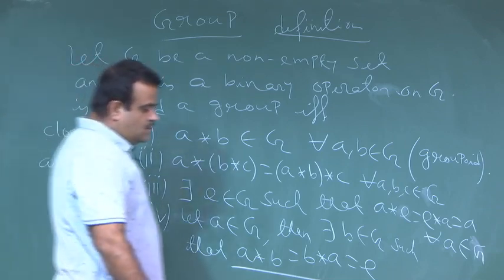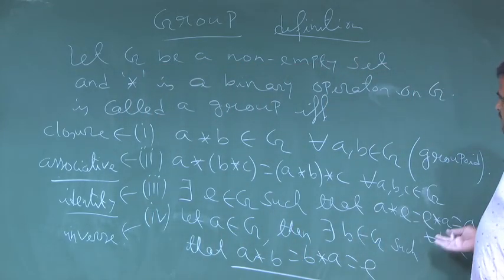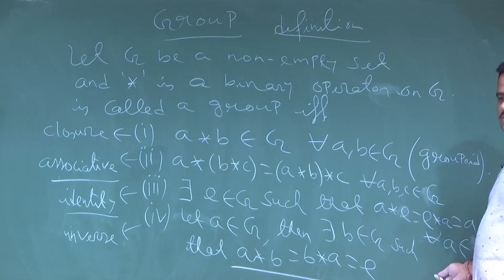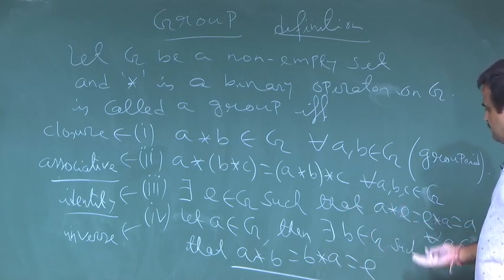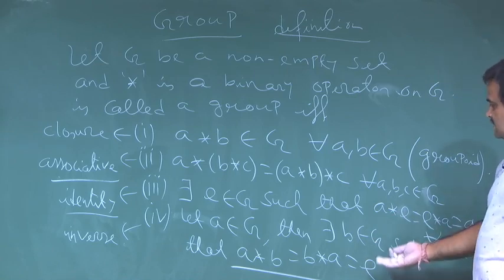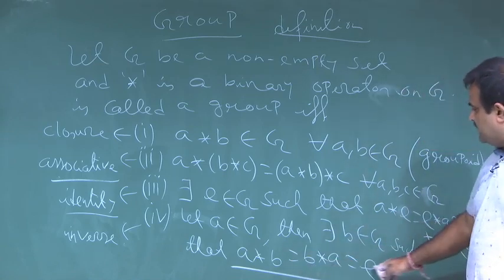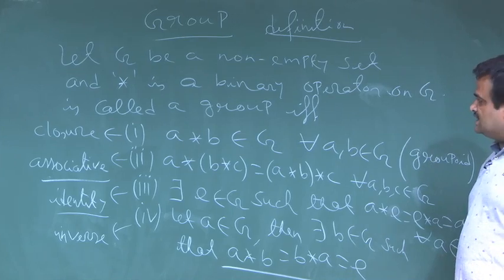Okay. So, every element has an inverse. Given an element A, we must have an element B such that A star B is equal to identity, which is the same as B star A. So, this is telling us every element of G has an inverse.